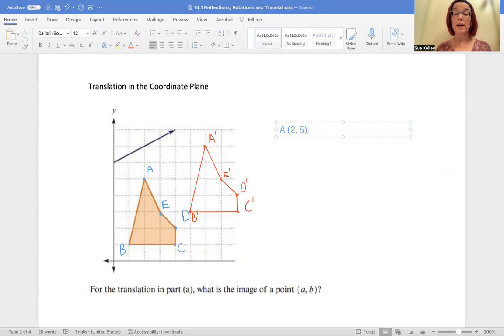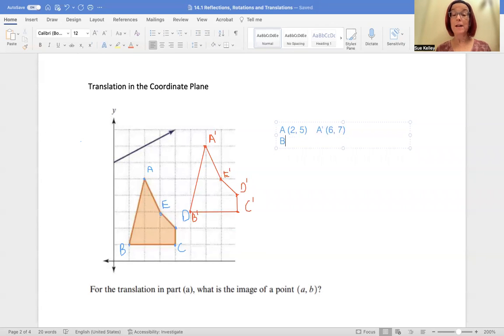For A prime, what is my ordered pair? It's going to be 1, 2, 3, 4, 5, 6 and 1, 2, 3, 4, 5, 6, 7. So 6, 7.